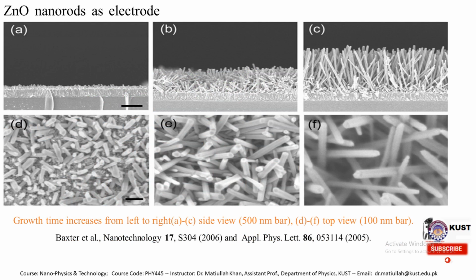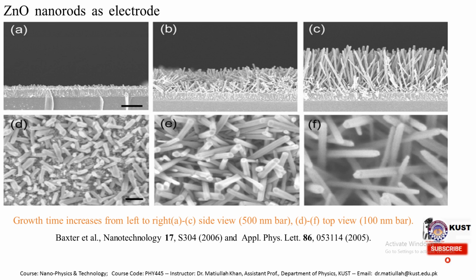These are some SEM images from the growth time for different materials, in which it is clarified that the growth time increases from left to right for different resolutions. Here we can see at A the growth time. We are looking at changing the properties of the synthesis, changing the route or parameters of the synthesis.